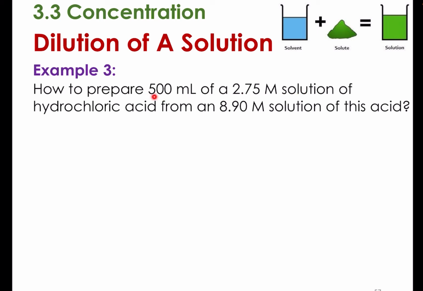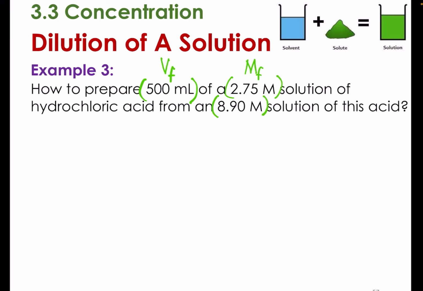So ini adalah after dilution, so which means 500 ml adalah saya punya V final and 2.75 molar adalah M final. And then what I have here adalah M initial dan saya mahu V initial.